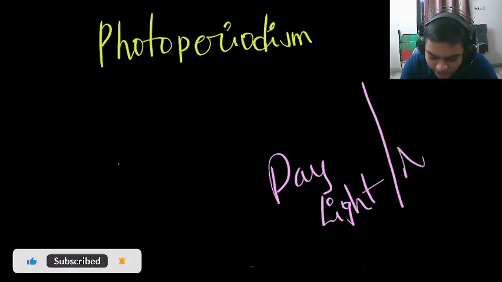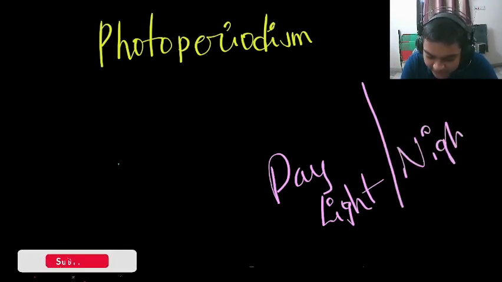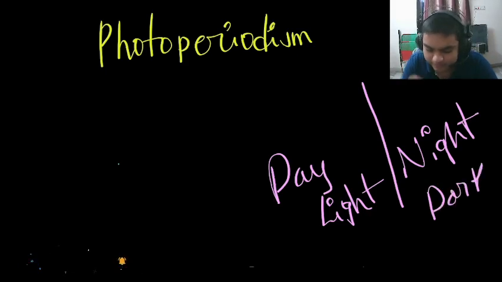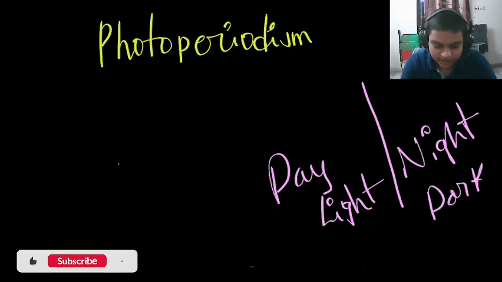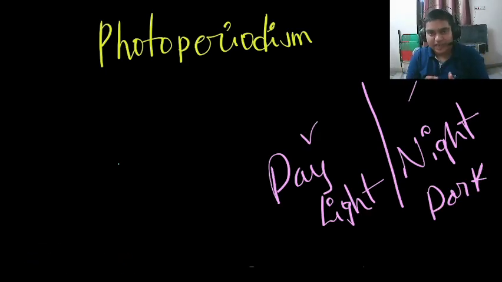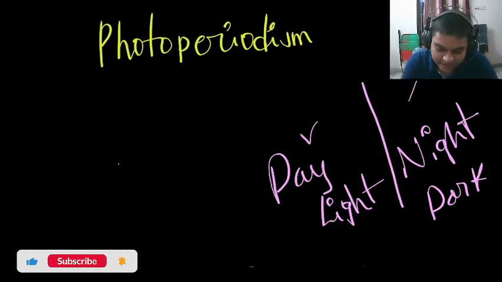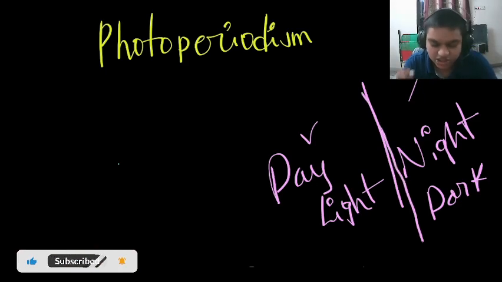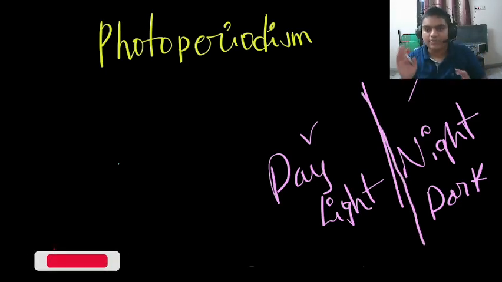And also we have the night period, or dark period. These are the two periods which are present. But there is a midline, or separation line, which separates day from night.